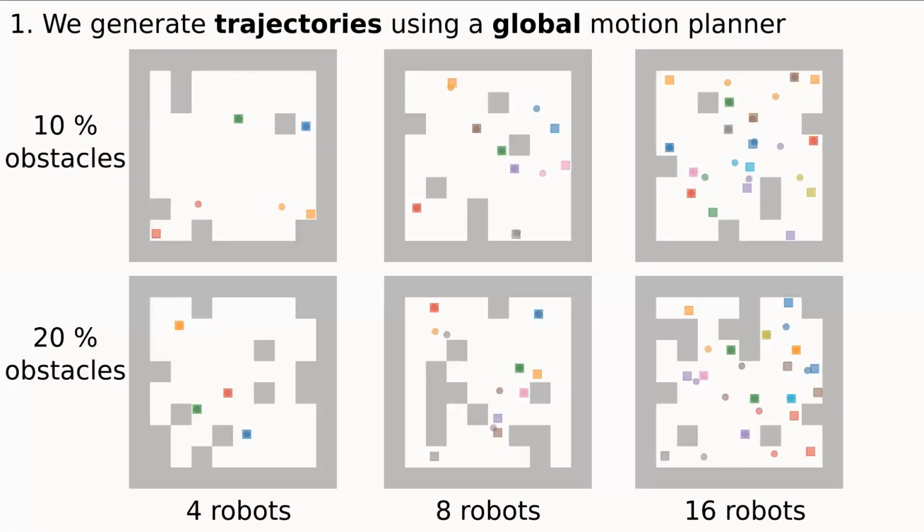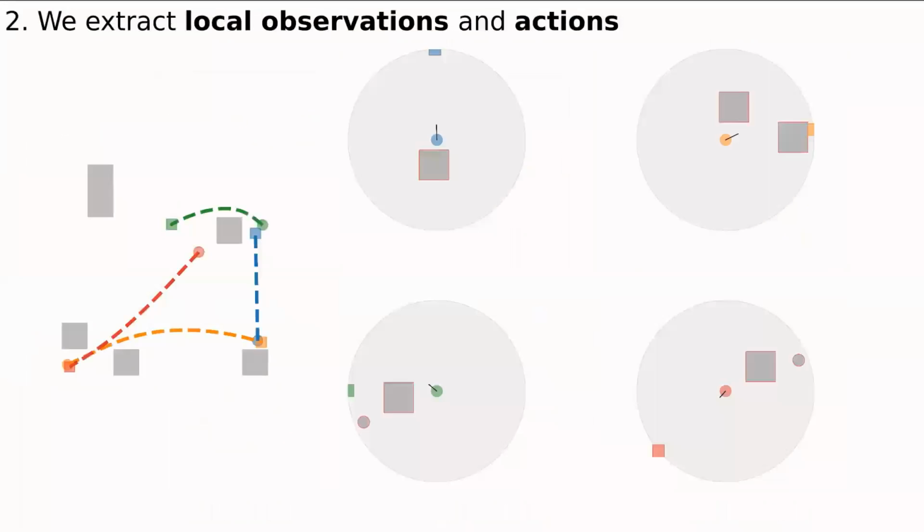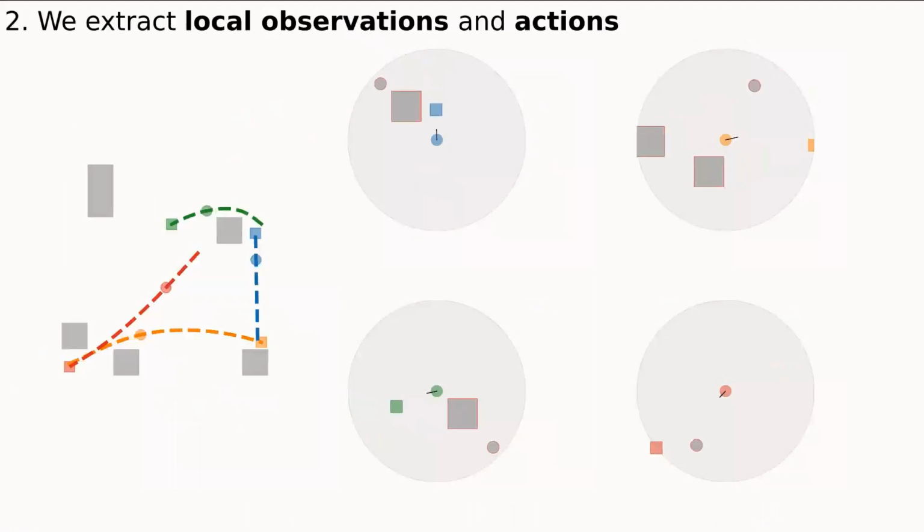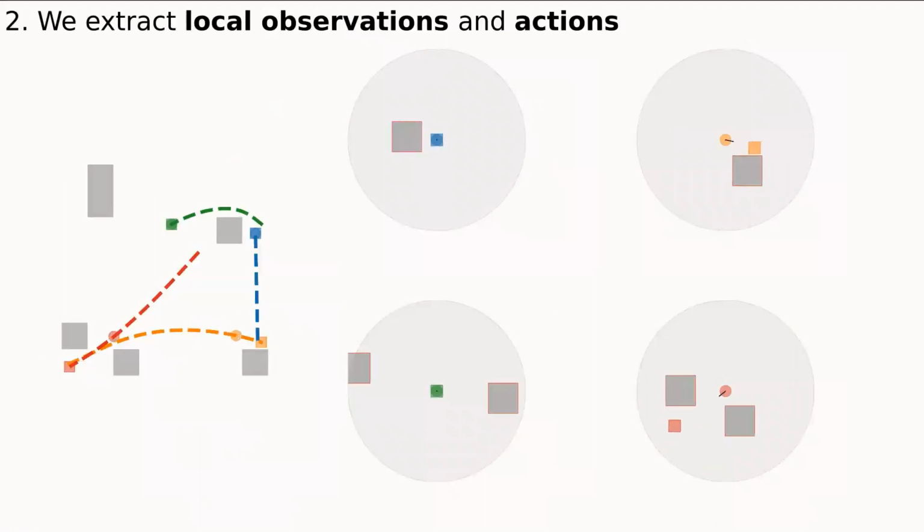I will visualize that a little bit with videos, and I hope that Zoom will show that nicely. Here are some examples of the kinds of trajectories we generate. We create random obstacles, randomly initialize start and goal positions, and have different numbers of robots in different environments. When we extract local observations, we sample the trajectories that we got for each robot.